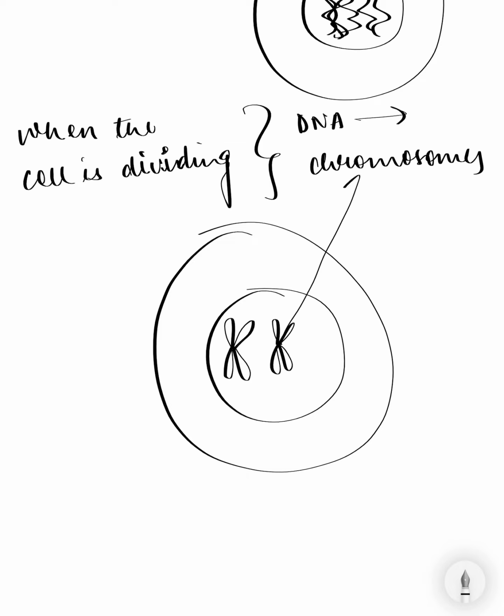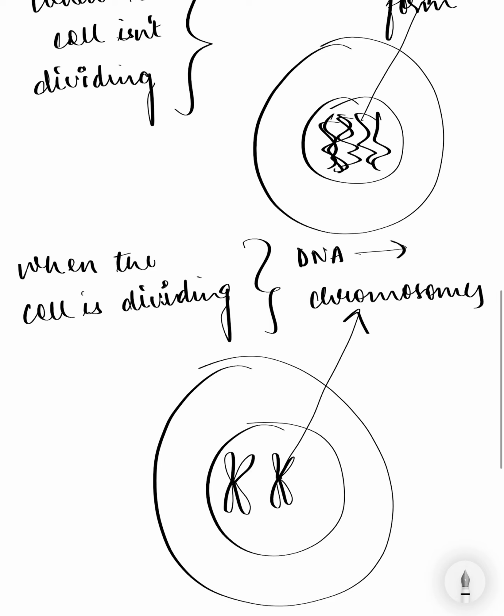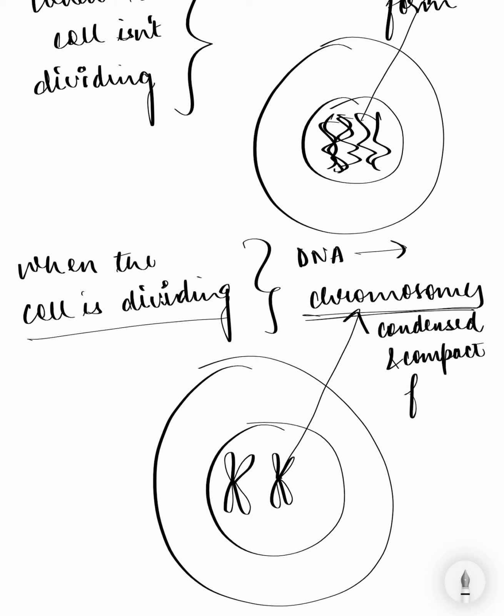These are the chromosomes. So when the cell is not dividing, the DNA looks like thread-like chromatin, but when the cell is dividing, the DNA looks like chromosomes. Chromosomes are the condensed and compact form of DNA.